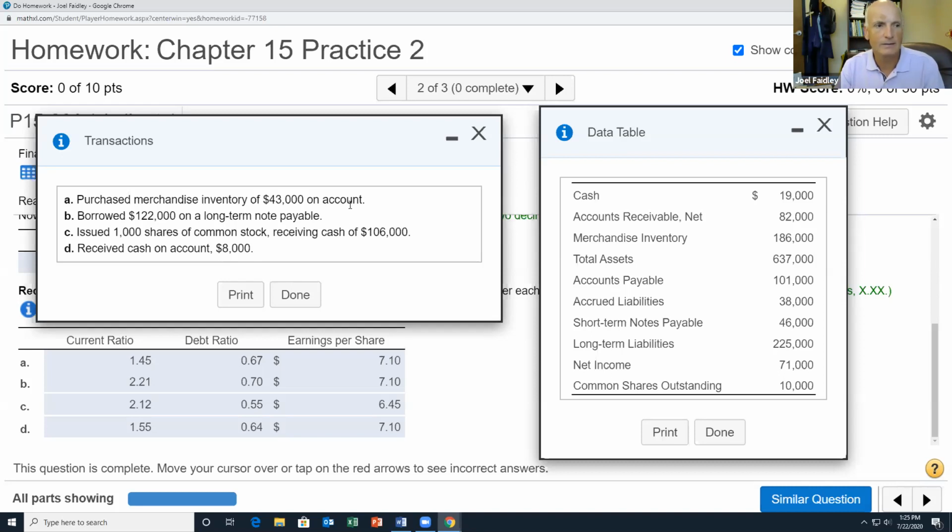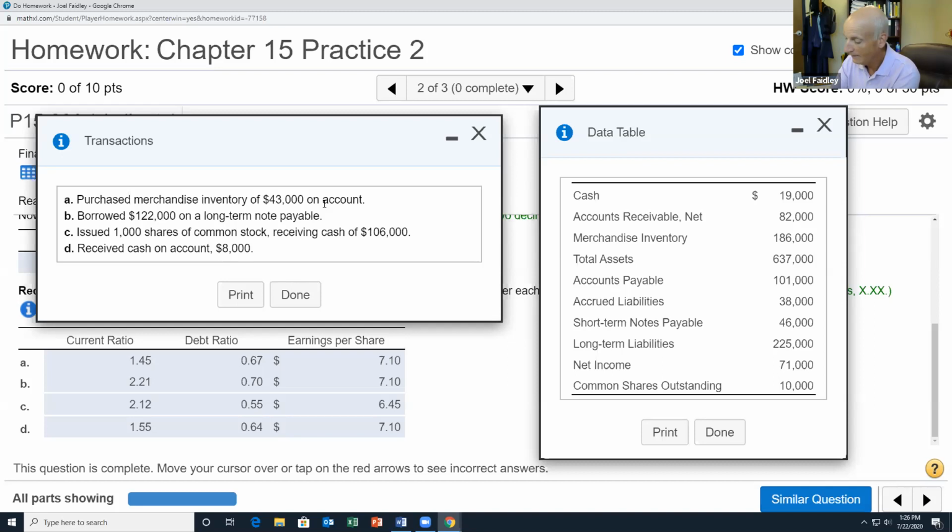That means we purchase it. So my inventory went up 43,000, but my payables went up 43,000. So I'm adding 43,000 to both the numerator and the denominator on that 287, right? 287 plus 43,000 is 330,000.